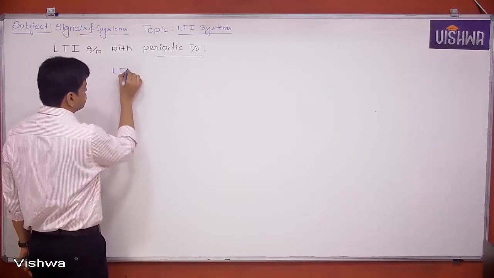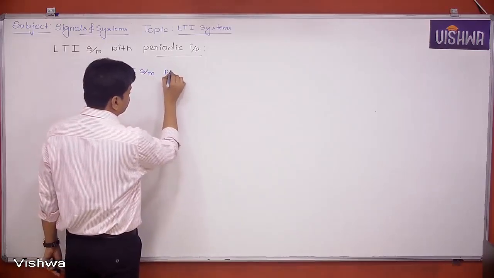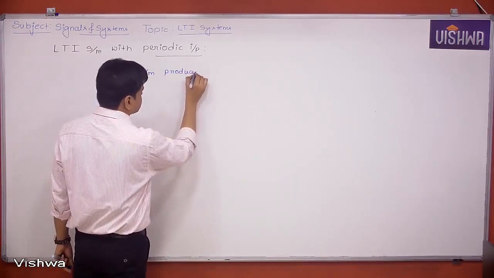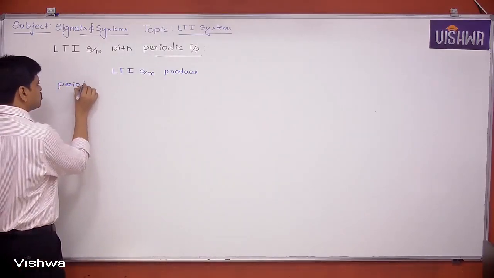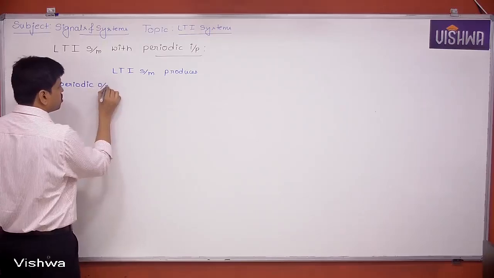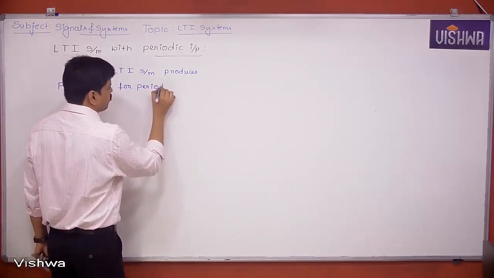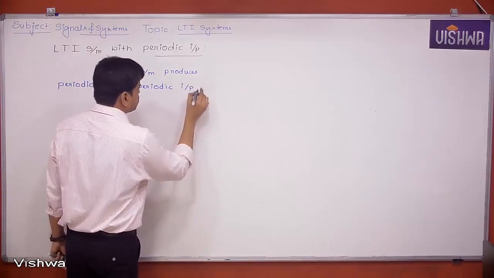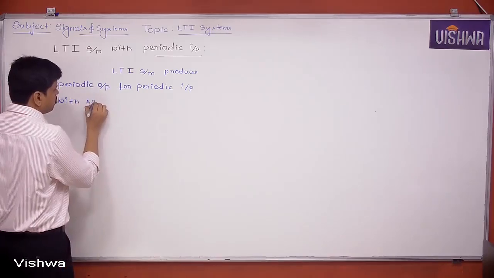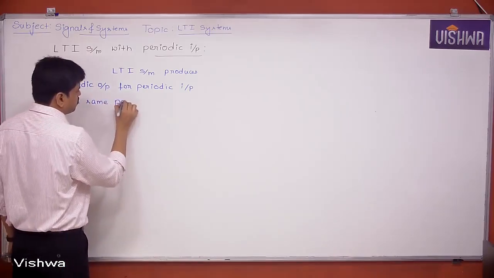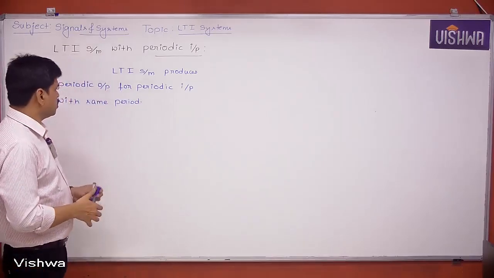So I can write that statement: an LTI system produces periodic output for periodic input with the same period. What do you mean by that?